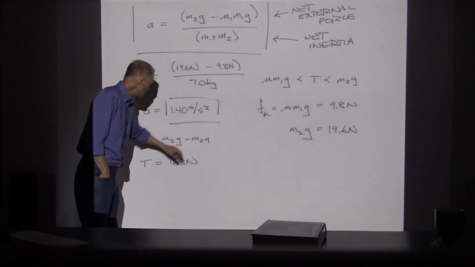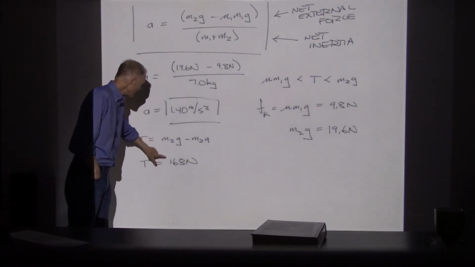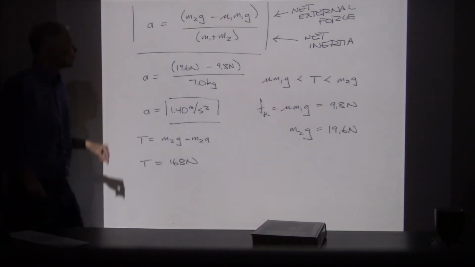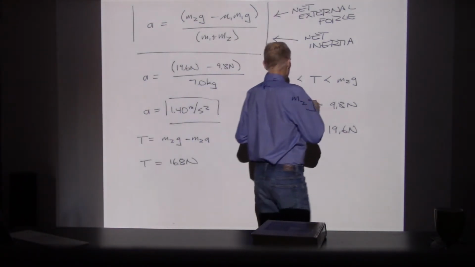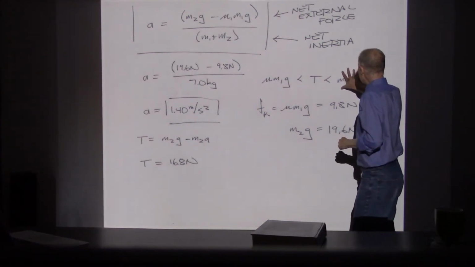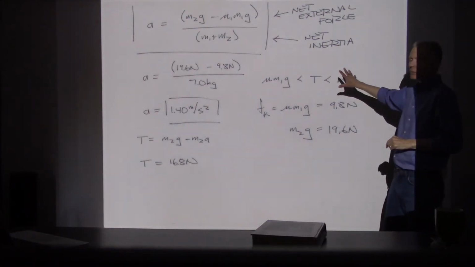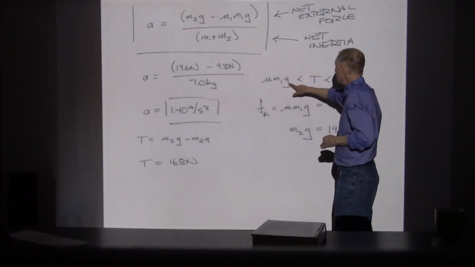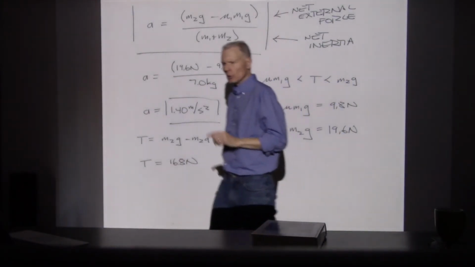M2g minus M2a, using that equation, I get 16.8 newtons. And again, I'm just checking to see what I would expect: the biggest force is gravity, and the tension is less than that. Tension is the intermediate one, and then friction is the lowest one.